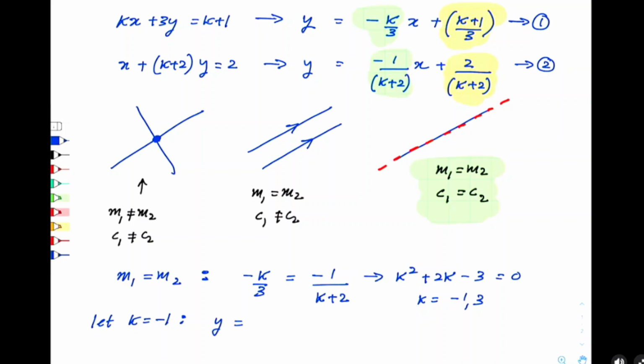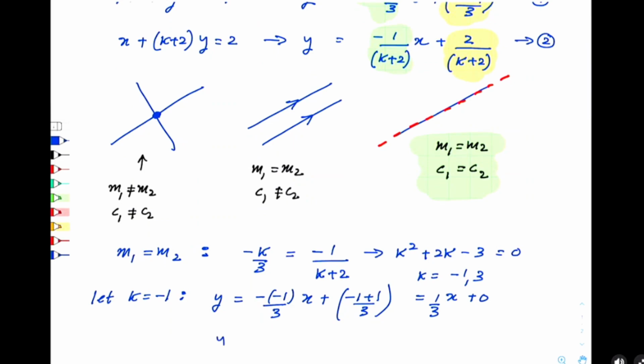So minus 1 divided by 3 x plus minus 1 plus 1 divided by 3, so here you get 1 divided by 3 x plus 0. If you put that into the other equation, minus 1 divided by (k is minus 1 now, plus 2) x plus 2 divided by (minus 1 plus 2), there you get minus 1 divided by 2 x.